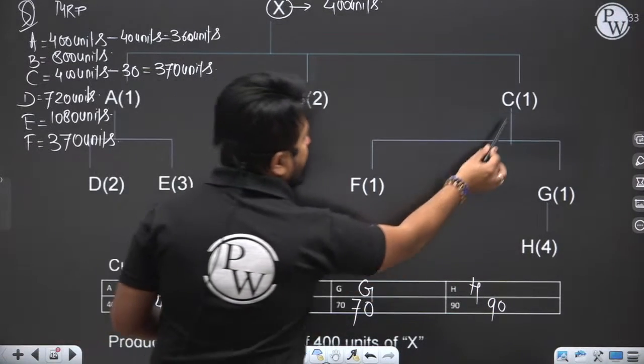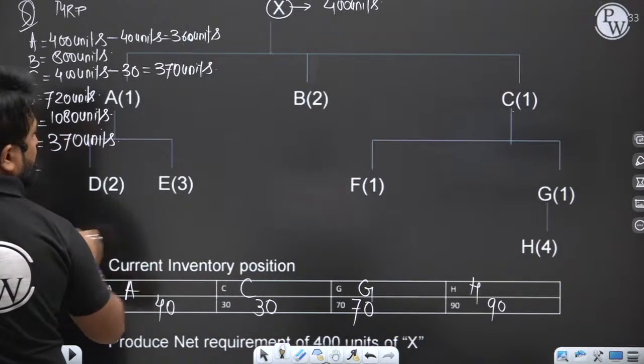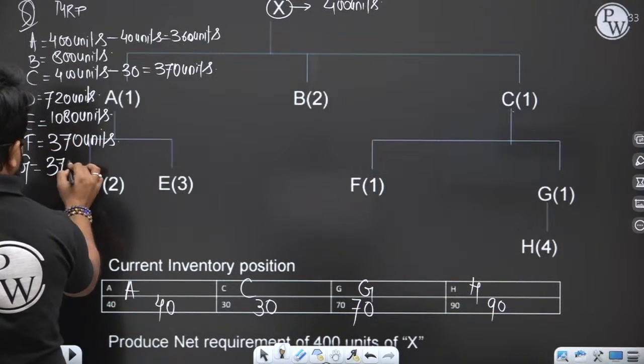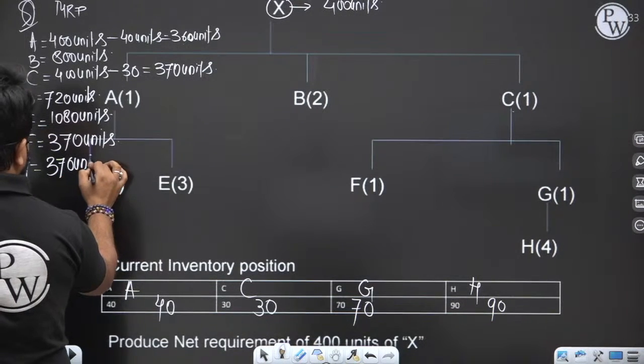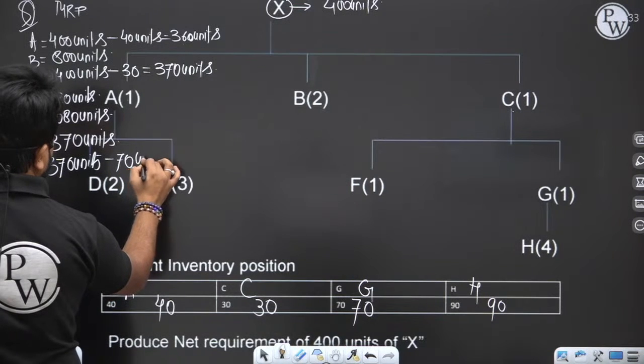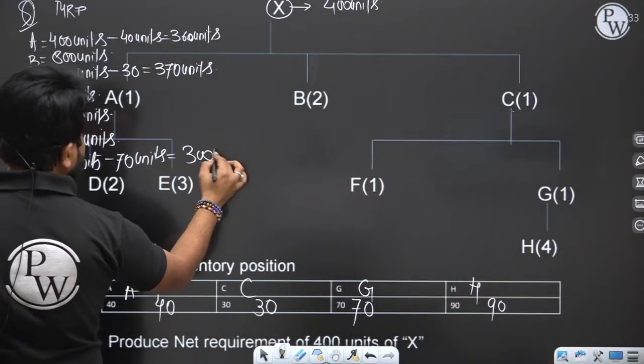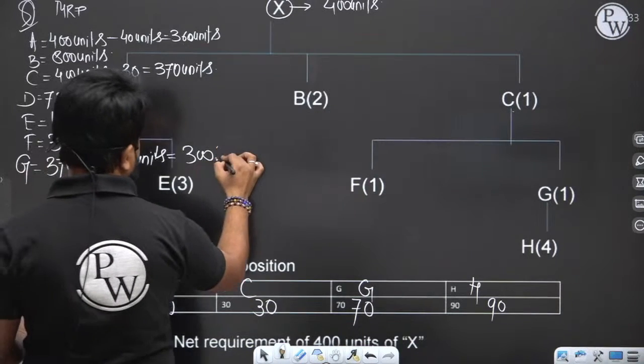Now G, 1:1, so requirement of G is again 370 units, but in the inventory 70 units are already there, minus 70, so the effective is 300 units.